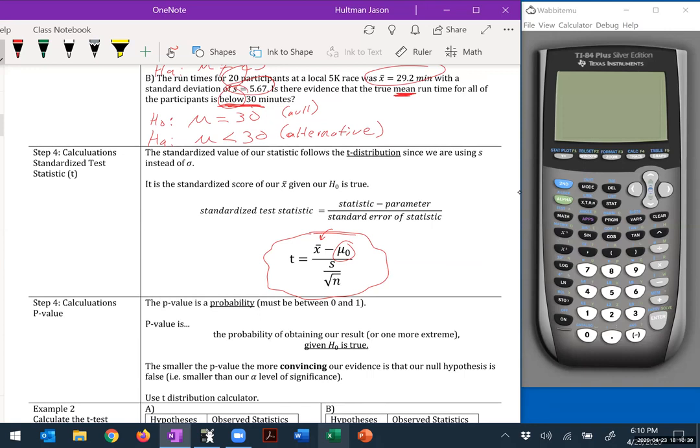This is our standard error for means, and n is the number of observations, my sample size.